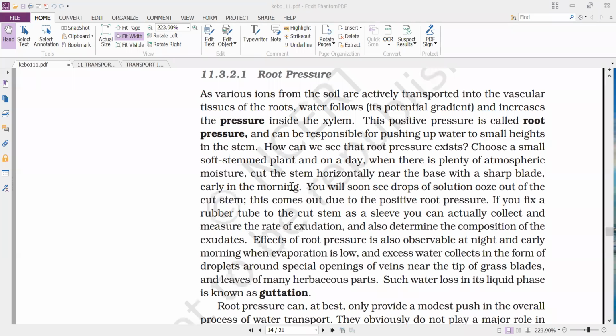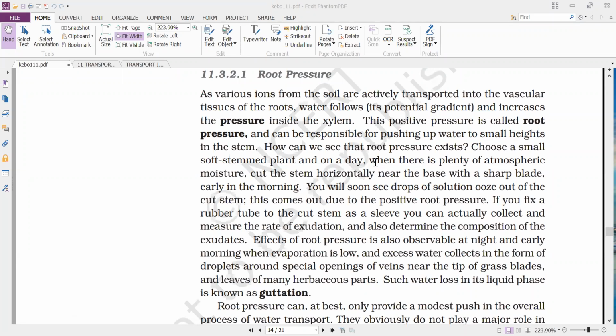That is equal to the pressure exerted by the water that is absorbed by the roots and transported to the xylem. That is what we are calling root pressure. The pressure exerted by water present in the xylem of the roots, in turn, exerts pressure on the water column present in the S-shaped bent tube. That will give the root pressure.